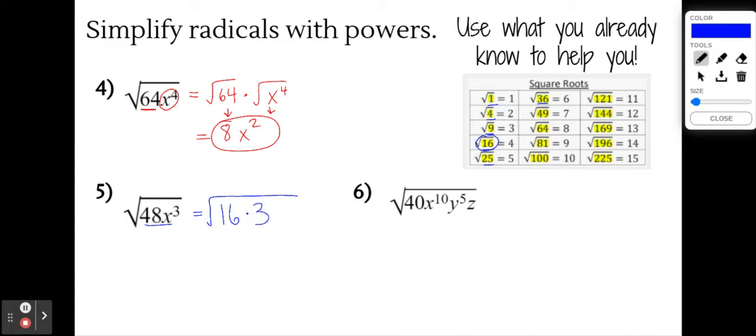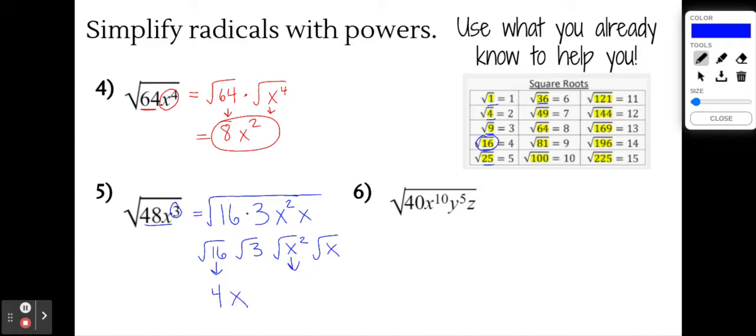And then, being that this is an odd number, I want to subtract 1, and I'll have x squared and then just x. So let's pull apart these factors. I've got the square root of 16 times the square root of 3 times the square root of x squared times the square root of x. So I just pulled them all out from underneath the radical. Well, the square root of 16 is a perfect square. It's 4. Also, the square root of x squared is a perfect square.